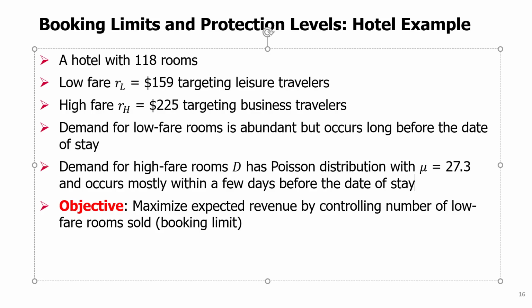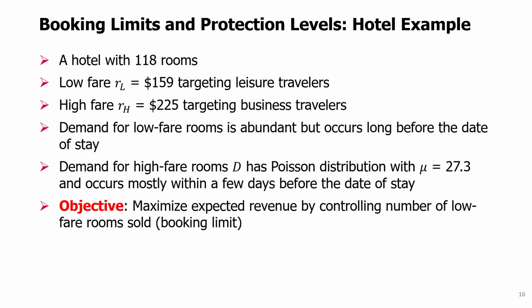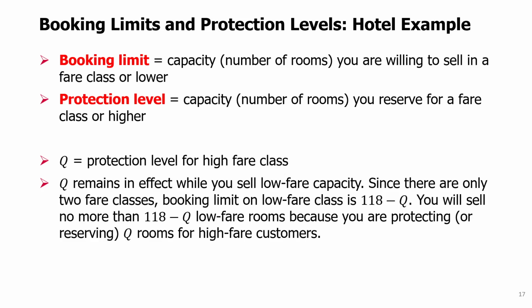So here the problem becomes we try to maximize expected revenue by controlling the number of low fare customers that we sell ahead of time, and this is what we call a booking limit. Booking limits and protection levels are two alternative ways of defining the same kind of restriction.